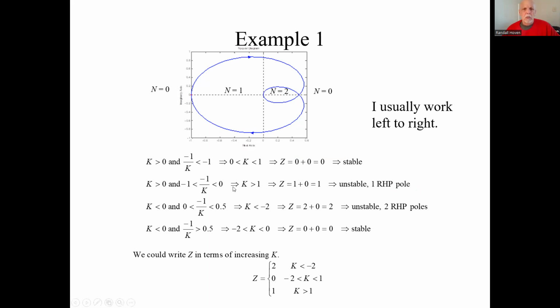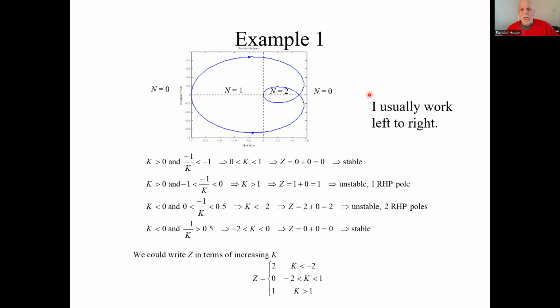Out here, any -1 over k is between 0 and 0.5. That means k is less than -2. And there, z equals 2, n plus p, 2. 2 poles in the right half plane.